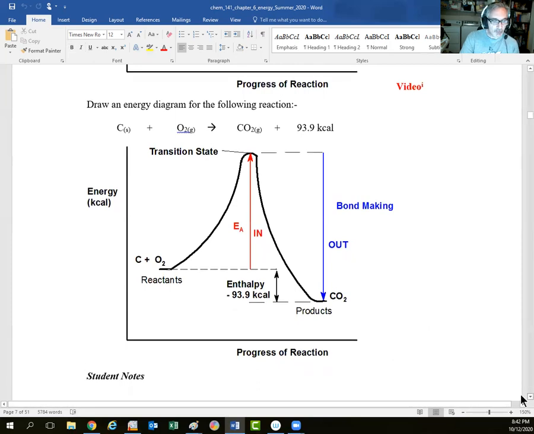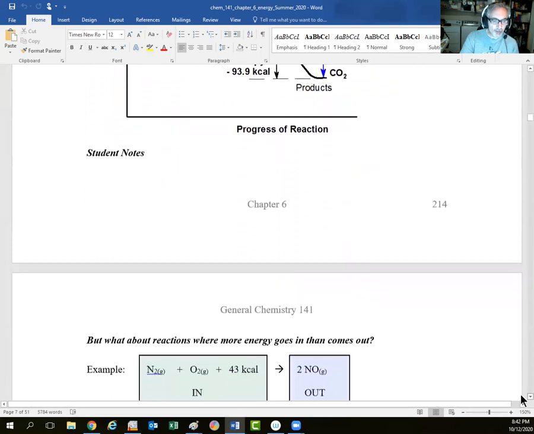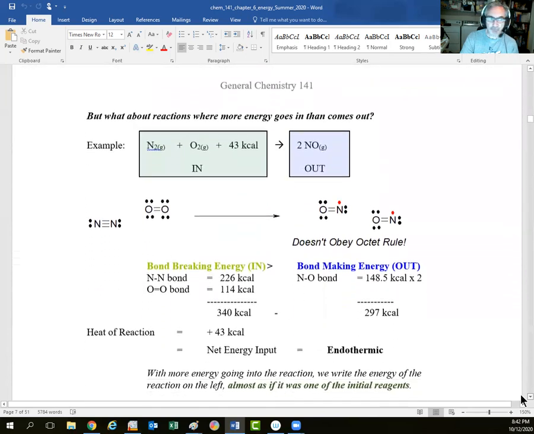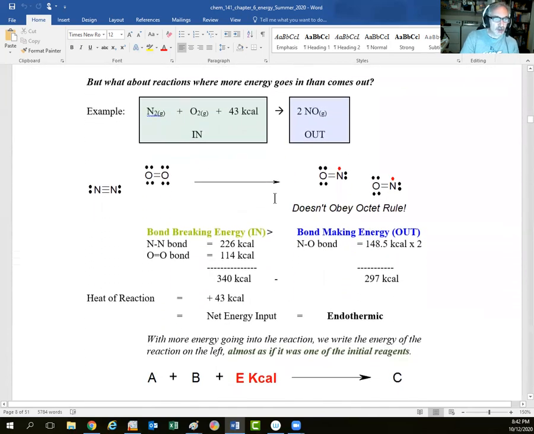So we also have reactions which absorb more energy than they give out. Reactions which absorb more energy are known as endothermic reactions. Good example of that would be the nitrogen gas combusting with oxygen gas. And to make it happen, we need an extra 43,000 calories of energy per mole each time.